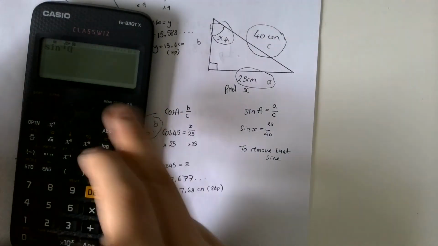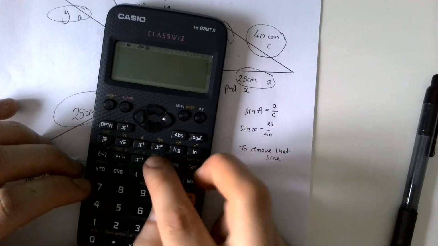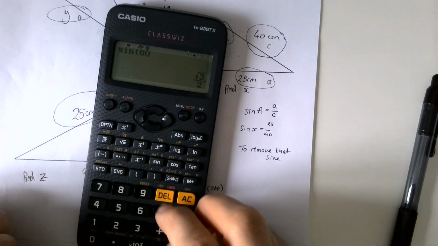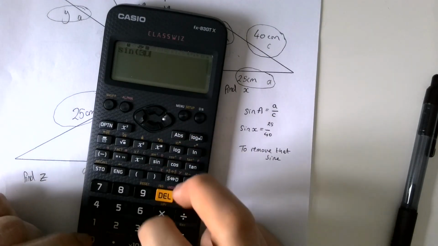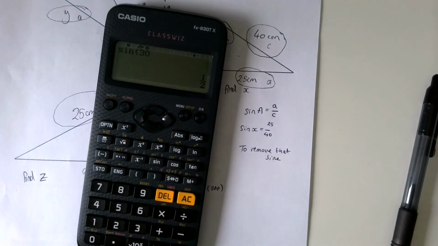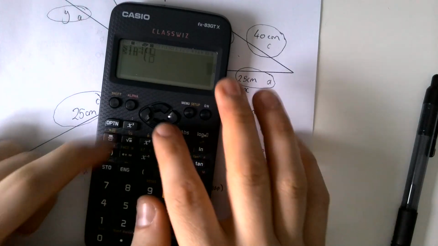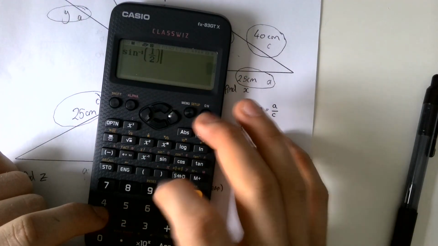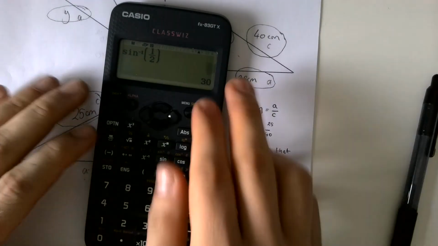So if you take any value, let's go for sine of 30, it gives me 1/2. If I do the inverse sine of 1/2, it gives me 30. So it just undoes that sine function.